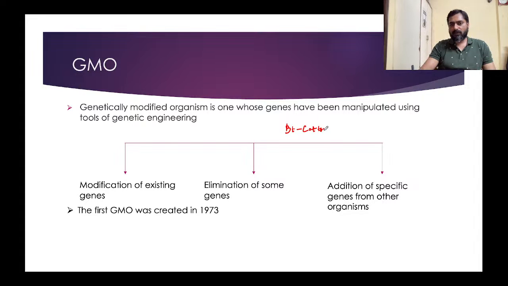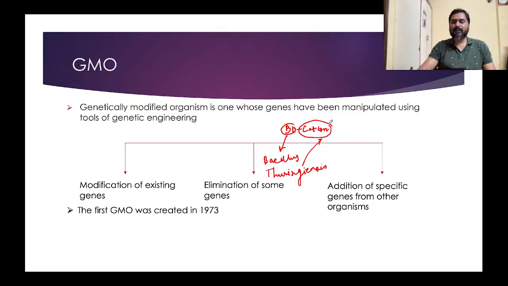In BT cotton, we have extracted some genes from a bacteria. This bacteria is Bacillus thuringiensis, a common soil-borne bacteria. So we are extracting some genes from this bacteria and we are putting them in the cotton plant.